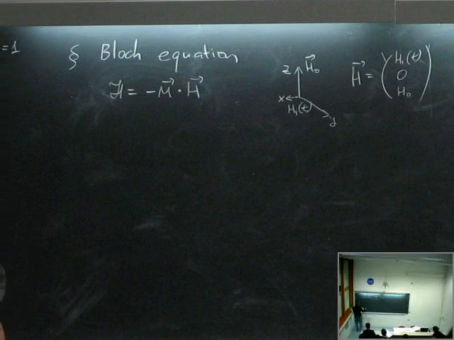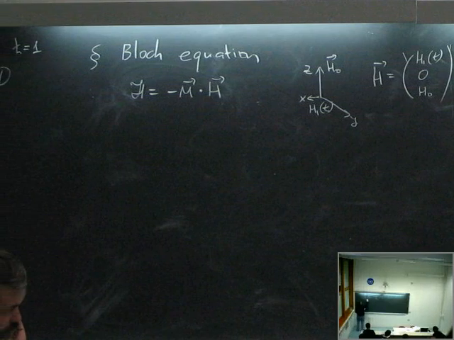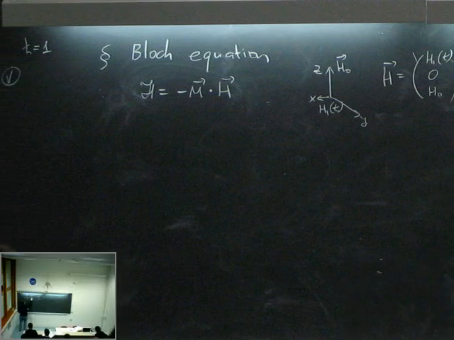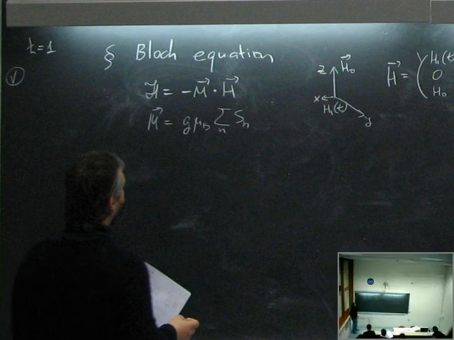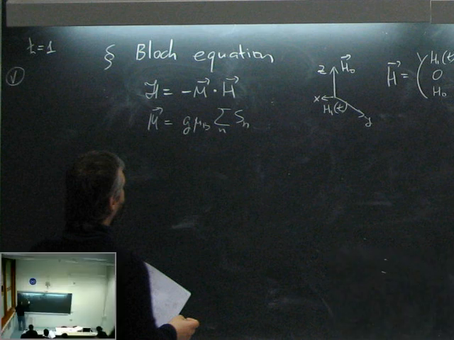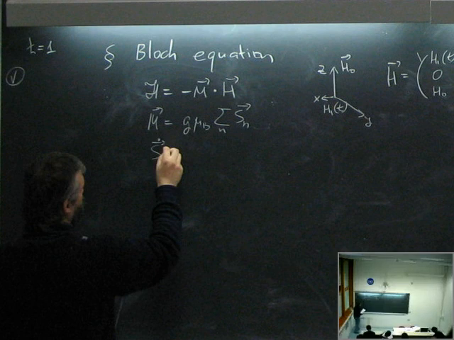So magnetization is g mu Bohr sum over n of S_n. And as I said, the Heisenberg equation of motion, S_n dot, let's write in the components.